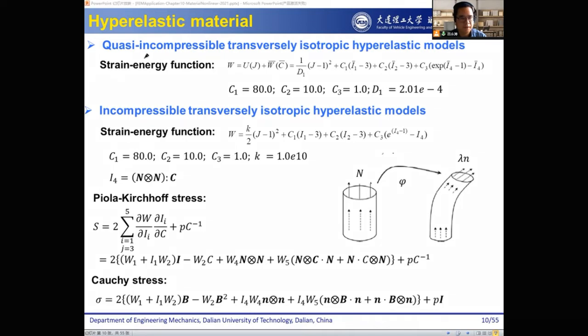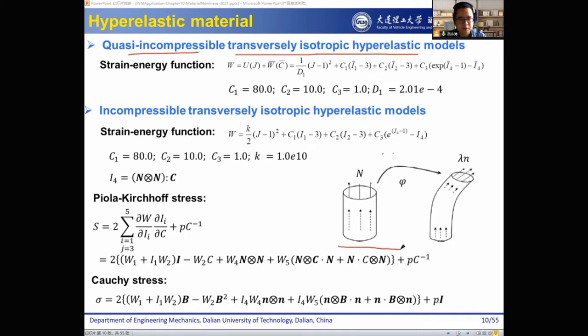This is the quasi-incompressible transverse isotropic material. In chapter 2 we have introduced the concept of transverse isotropic material. What does transverse isotropic material mean? A typical illustration or explanation is this figure.